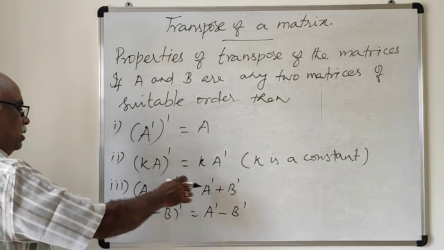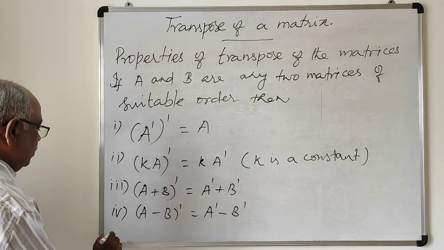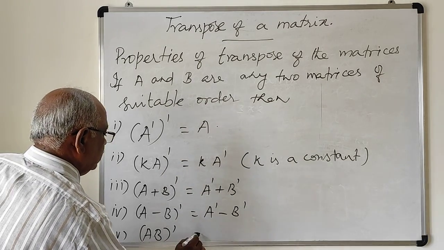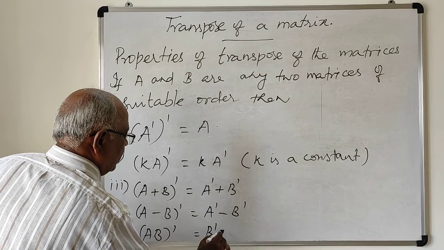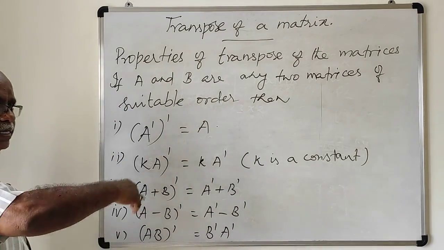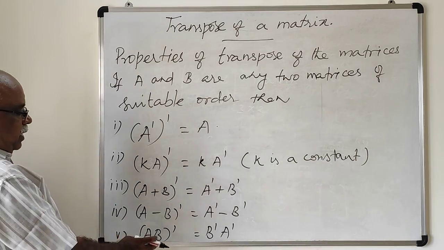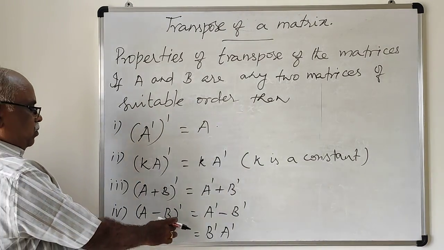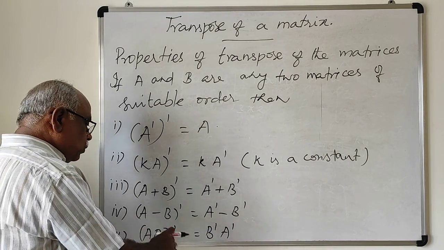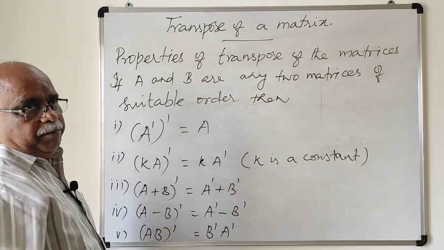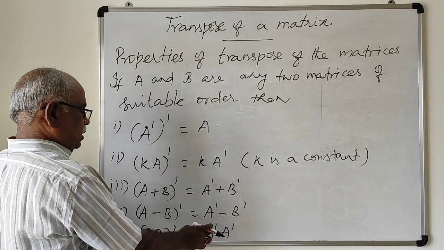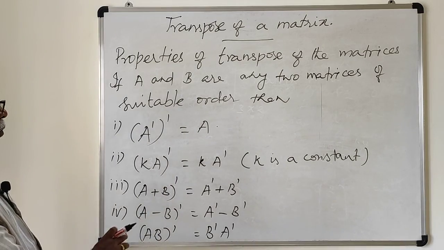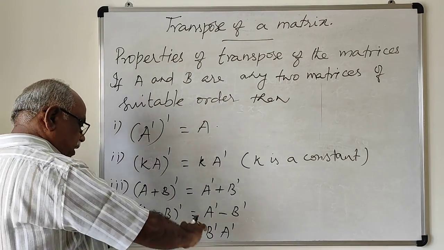Fifth one: the transpose of the product AB is the product of the transposes in the reverse order, B transpose into A transpose.